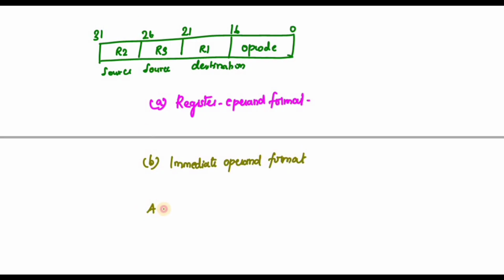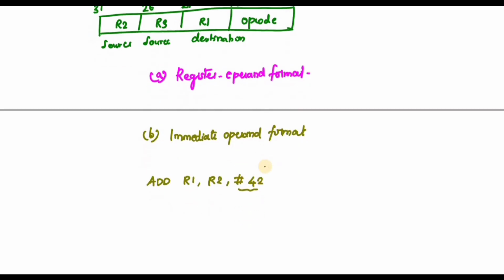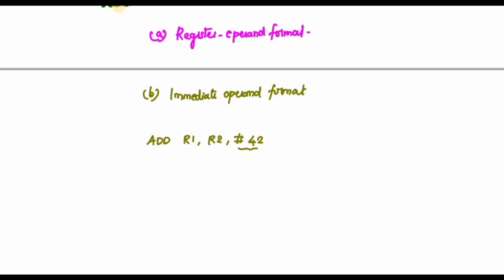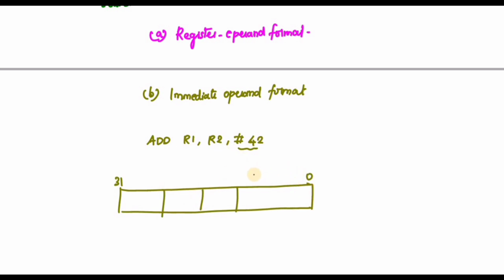For example, here I am going to add R1, R2, hash 42. This hash represents the immediate operand. It ranges from 0 to 31.